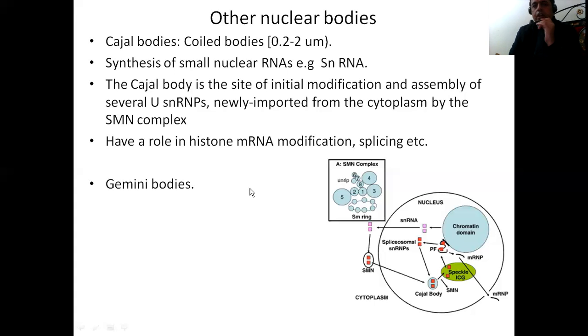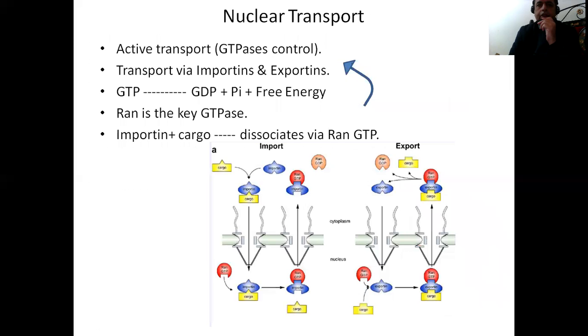In mature mRNA, there are no introns, and credit goes to the spliceosomes and the Cajal bodies here. There are Gemini bodies and other small bodies inside the nucleus. These would be discussed in other lectures, but you have to remember the Cajal bodies and spliceosome, or the small nuclear proteins, in this lecture.